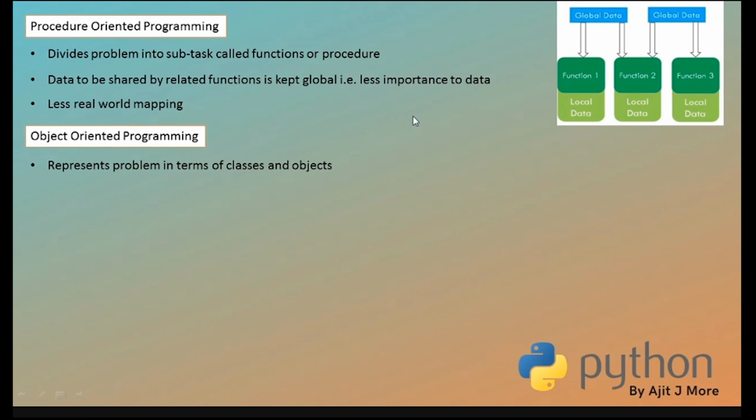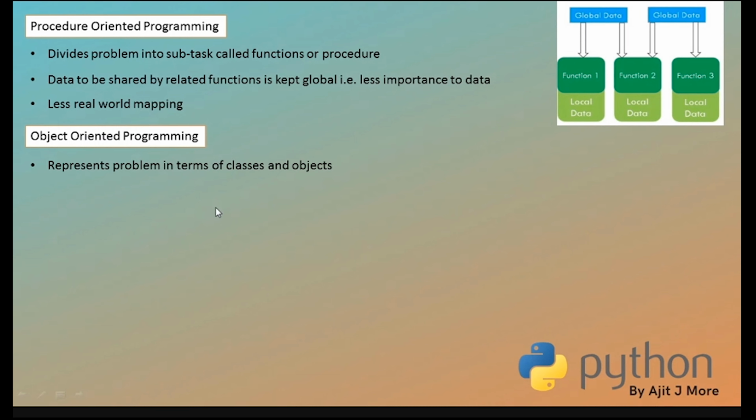You may ask, what is a class, what is an object? We'll discuss it in detail in the next slide. As I said, here the importance is given to classes. In short, a class is a group of related functions and their related data.